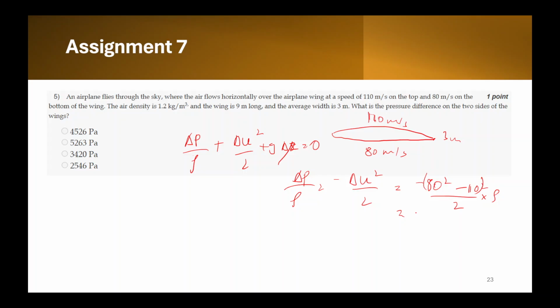So this comes out to be 3420 Pascal. So this is your answer.